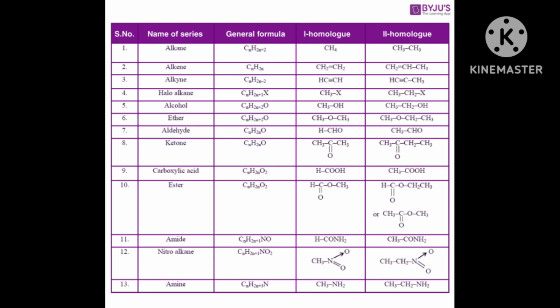Ethyl alcohol is non-poisonous. In all types of wines, ethyl alcohol may be present. And if methyl alcohol is mixed with ethyl alcohol, it will be poisonous. One should not drink it.